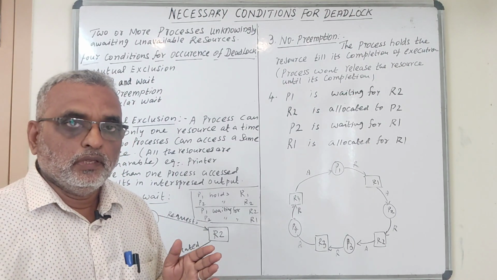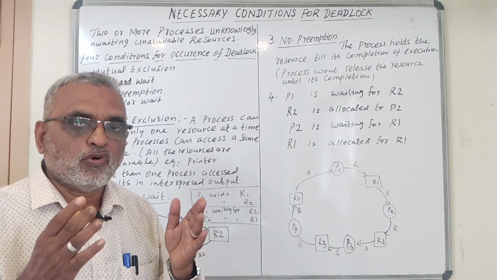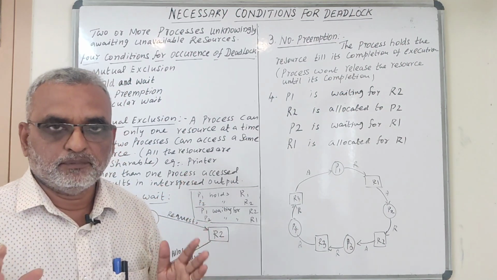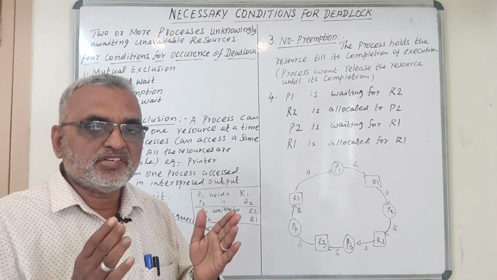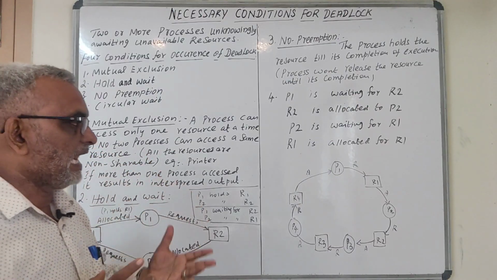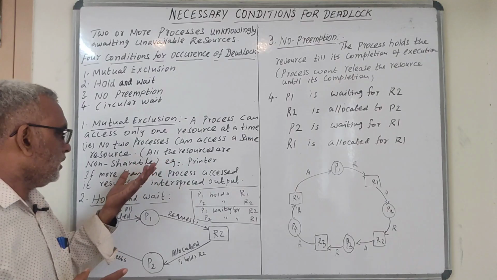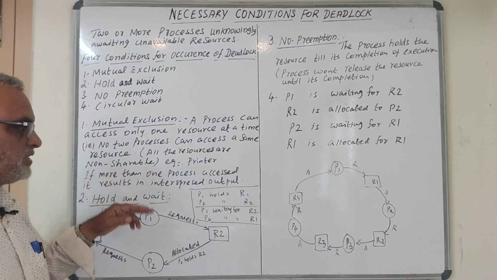So many processes cannot access one particular resource at a time. This is the concept of non-shareable. So no two processes can access the same resource at a time. All the resources, as I said, are non-shareable.